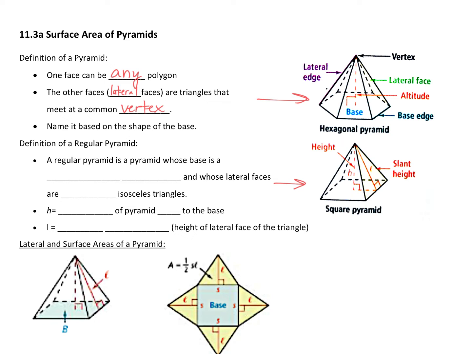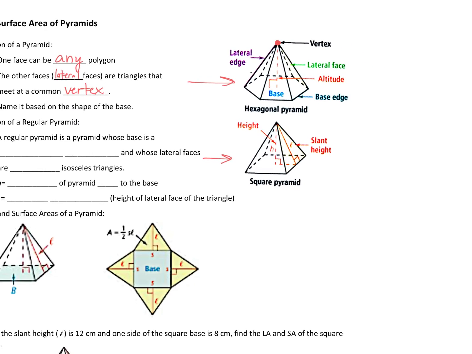Those triangles will all meet up at a vertex up on top. You name a pyramid just like you name a prism, by the shape of its base. So a hexagonal pyramid, a rectangular pyramid, a triangular pyramid, name it by its base.